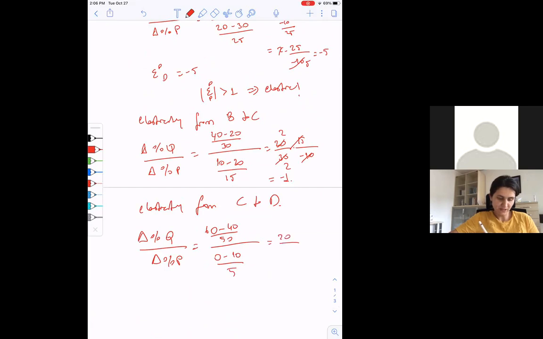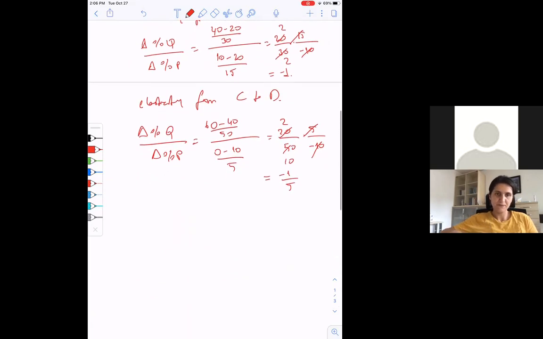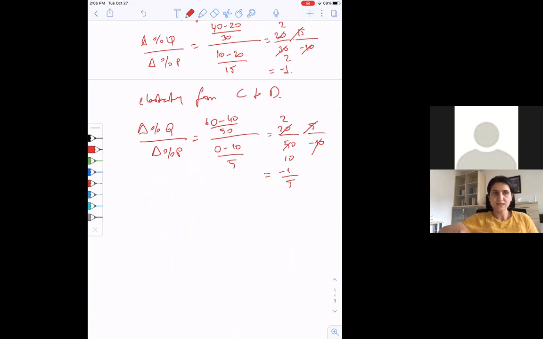So 20 divided by 50 times 5 over minus 10. We have 2 in here, we have 10 in here, minus 1 over 5. In this slide, it is reported as positive. So this is inelastic.